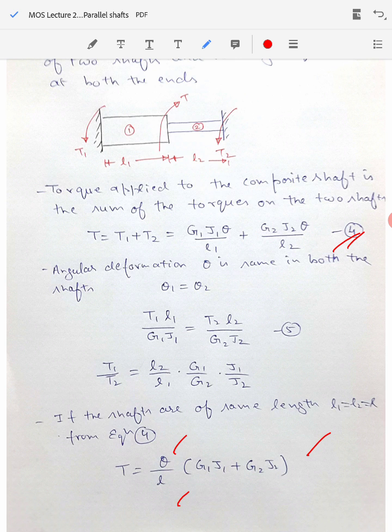What is left in the bracket will be G1 J1 plus G2 J2. So what we see in the parallel shaft is that the applied torque will be equal to the sum of the torques produced in shaft 1 and shaft 2, and their angular deformation will be the same: theta 1 is equal to theta 2 is equal to theta. That is the difference between the series and the parallel shaft.